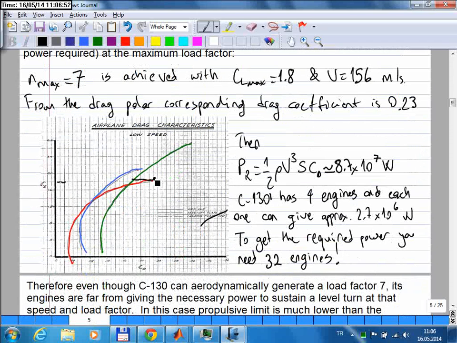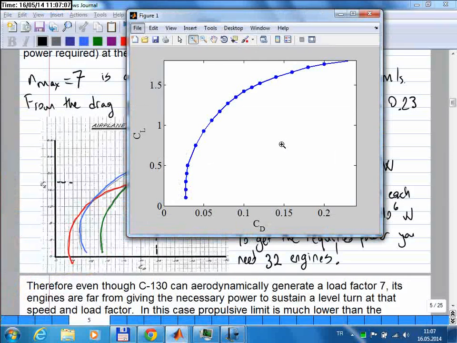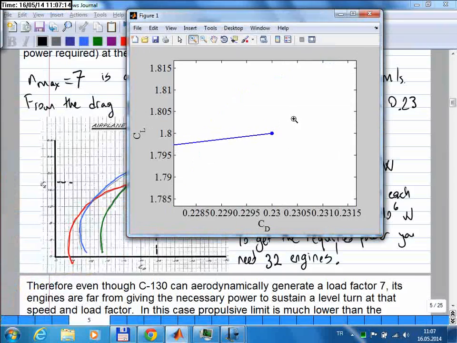So we know that the wings is at its maximum lift coefficient, which is this point. The corresponding drag value, I think it's 0.23. So let me look at this data. Yeah, it's 0.23.